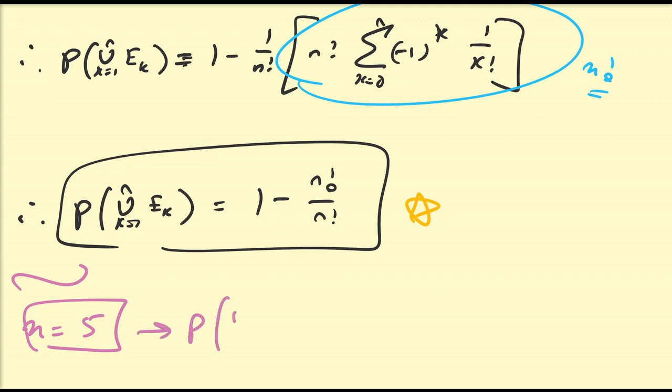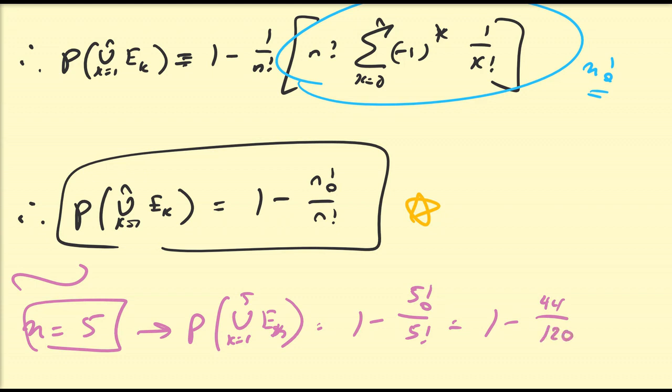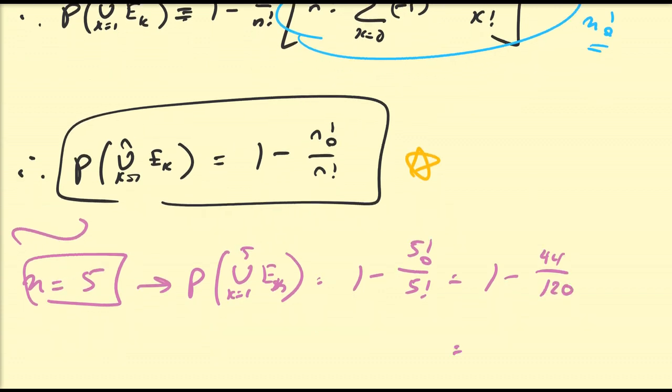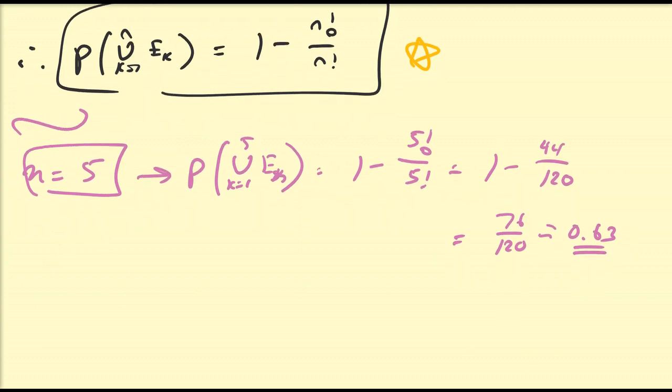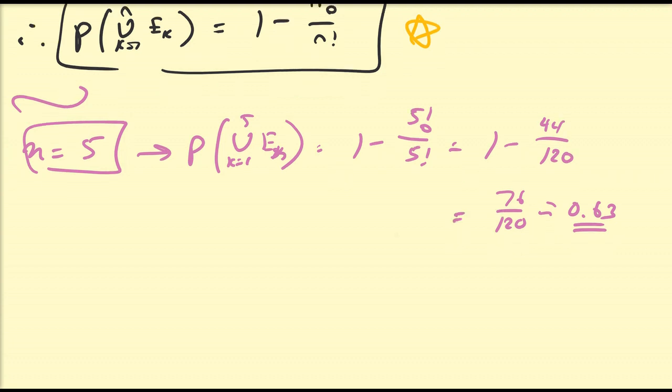So the probability of the union from k equals 1 to 5 of ek is going to be equal to 1 minus 5 subfactorial over 5 factorial. Remember, 5 subfactorial is equal to 44, and 5 factorial is 120. So this is going to be equal to 76 over 120, which is about 63%. So that gives the answer to our relationship.